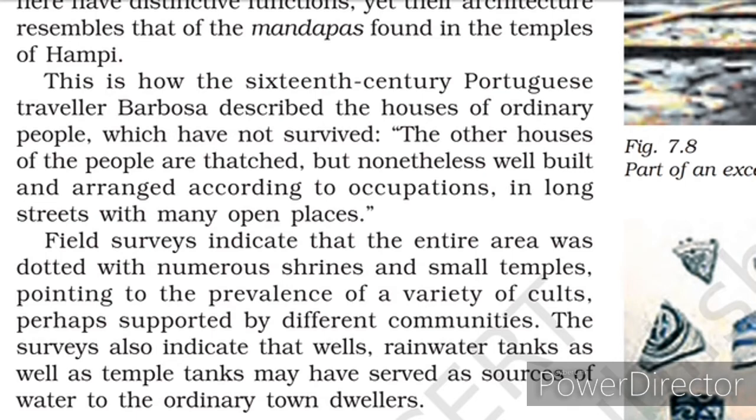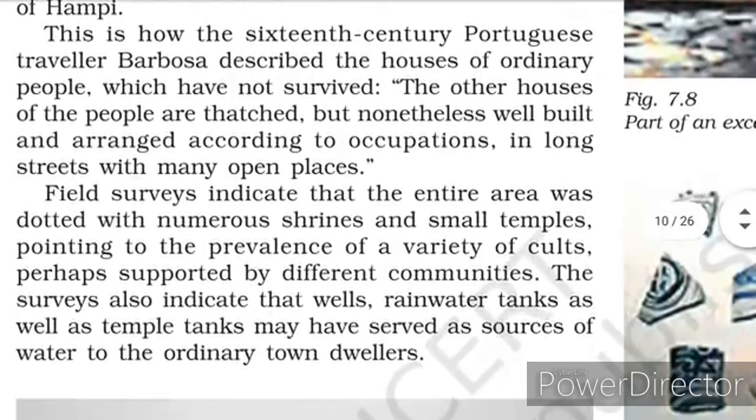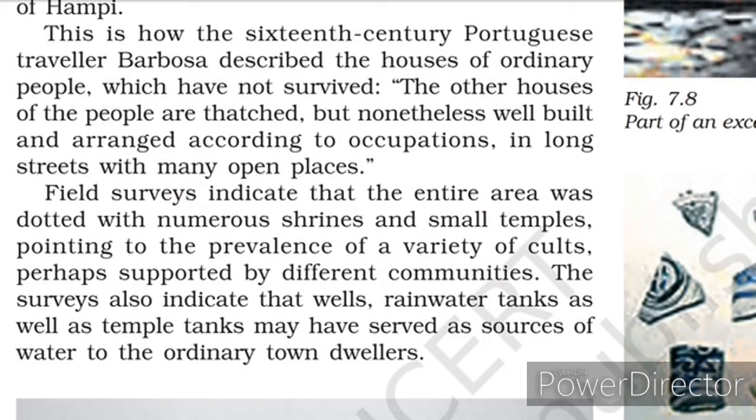Then a field survey of that area indicated that lots of shrines and small temples were also made, and they pointed to the propagation of a diversity of cultures. This was helped by many communities. Further, it also indicated that wells, rainwater tanks and temple wells were used as a source of water for the common man.